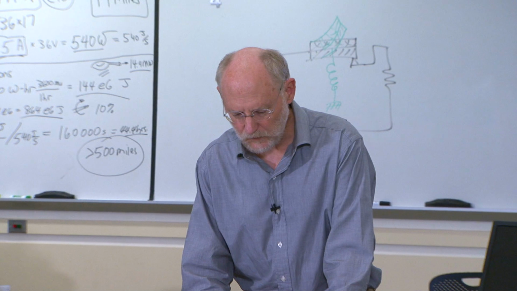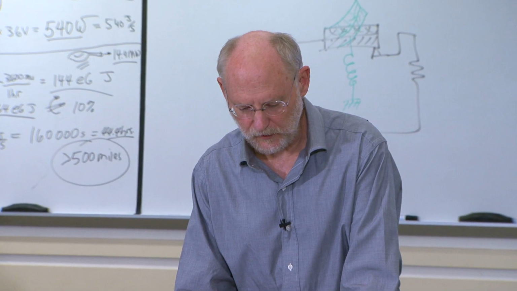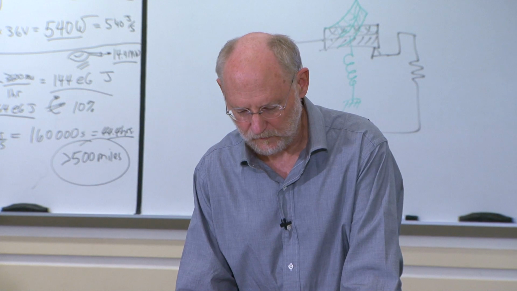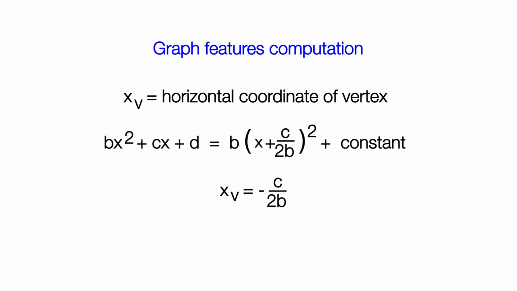What really is at issue is we want to know how this vertex moves. Let's find out the x-coordinate of that vertex. I'm going to call x of v the x-coordinate of the bottom of the parabola.